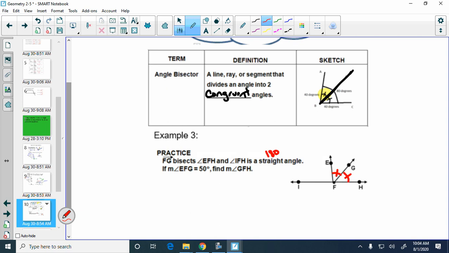If EFG is 50, find GFH. Well, GFH, part equals part, because it's the idea of it being a bisector. So if EFG is 50, then GFH must also be 50.